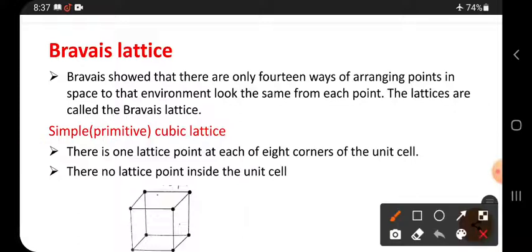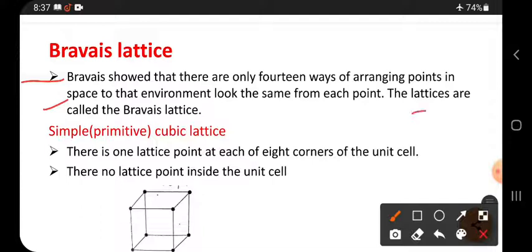Today's topic is Bravais lattice. Bravais is the name of the scientist. He showed that there are only 14 ways of arranging points in space so that the environment looks the same from each point.